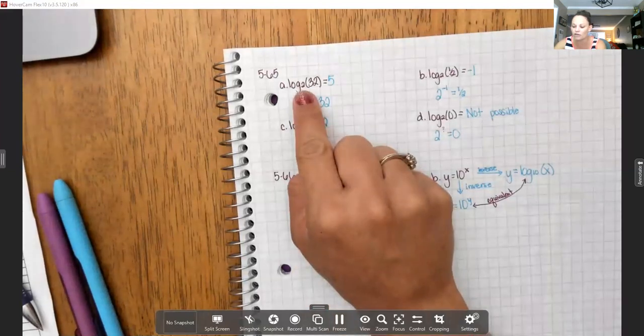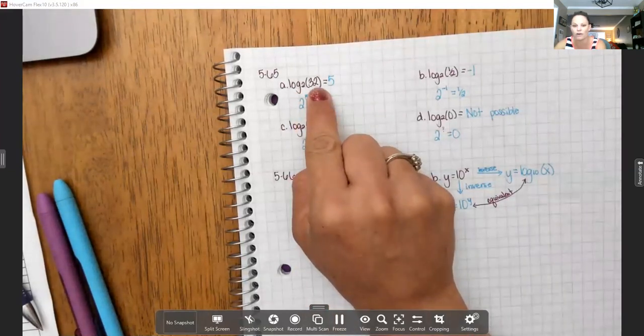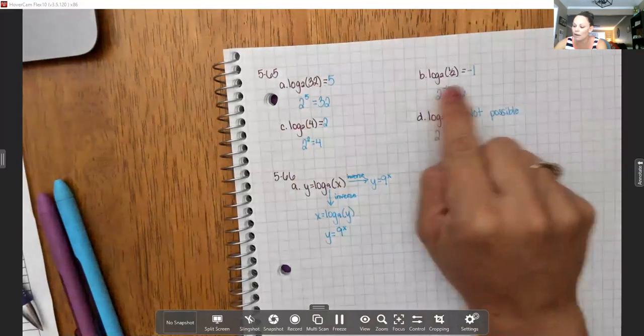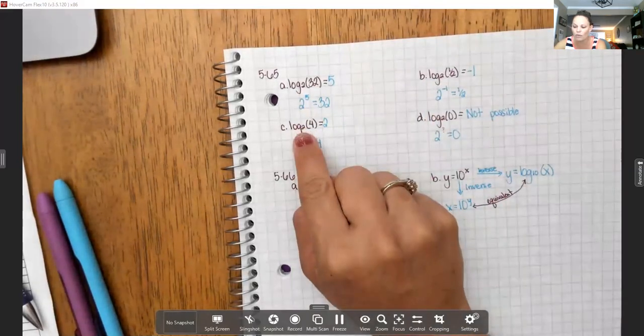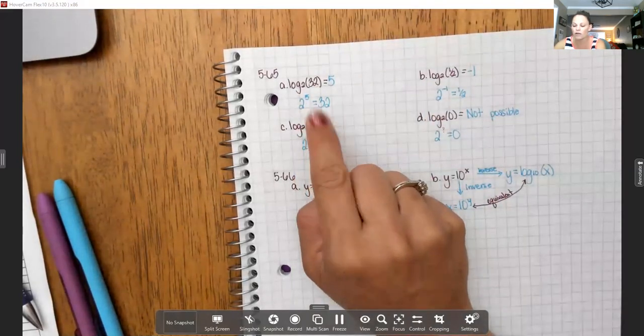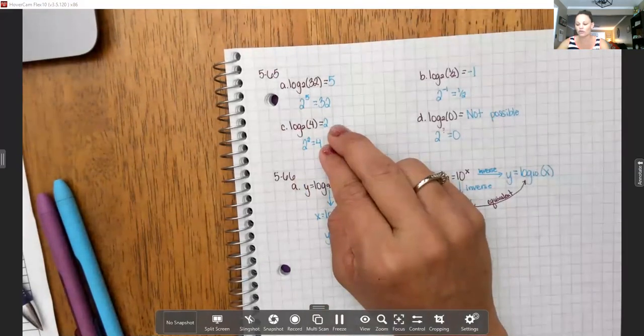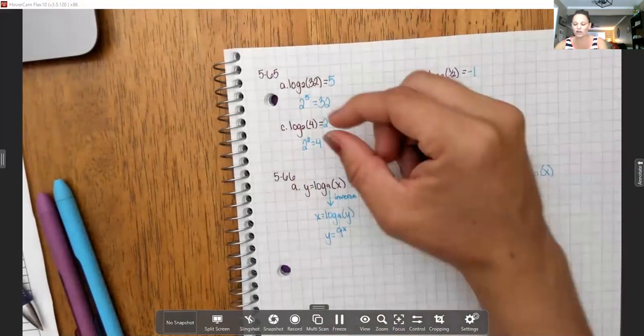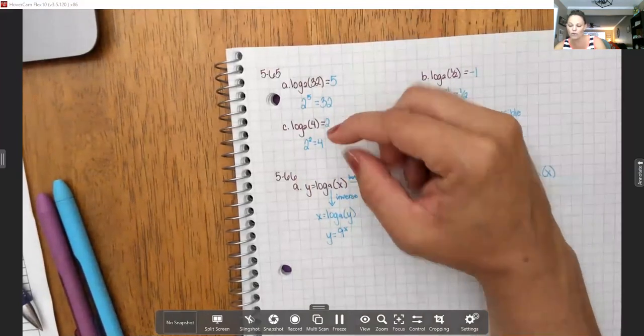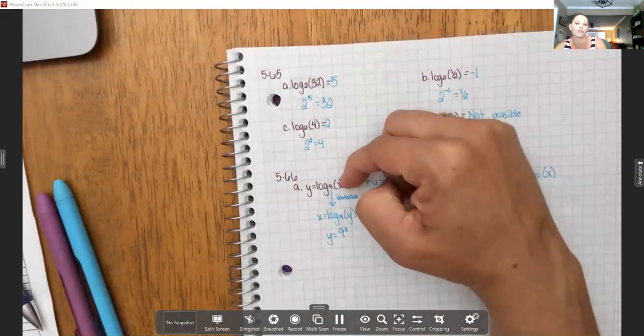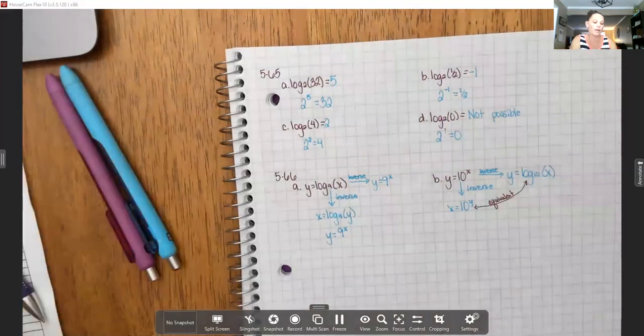So here you were saying, how many 2's do I multiply together to get 32? How many 2's do I multiply together to get 4? So that's the idea of the log. We can rewrite it in exponential form, but that's what's tricky. You can rewrite it in exponential form, but the inverse is also an exponential. It just looks a little different.